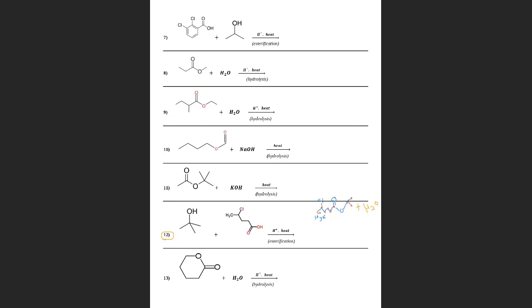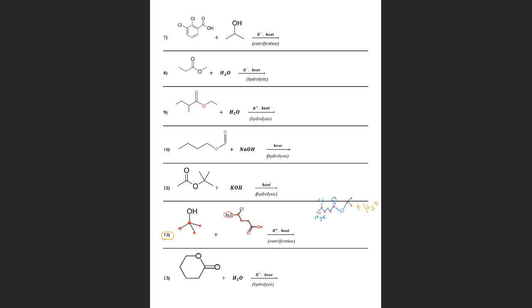Not sure who drew it, but we have the 1 here, 1 here, 1 here, and 1 here, right? And then of course we have this carbon here. 1, 2, 3, 4, 5, 5 carbons. But over here with this alcohol, this is a tertiary alcohol, a carbon that's connected to an oxygen, and it's also connected to 3 other carbons.